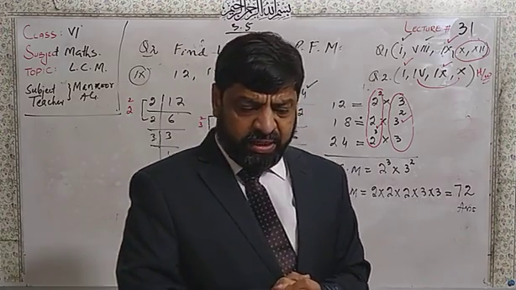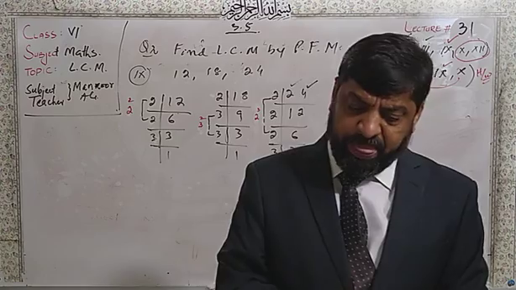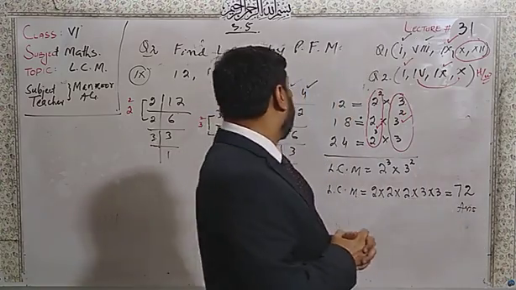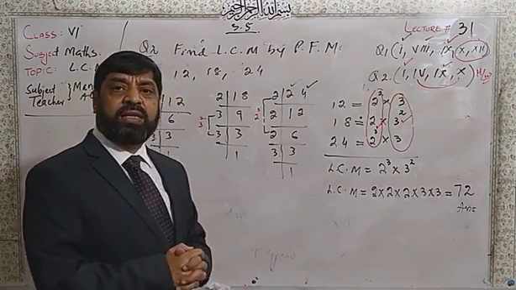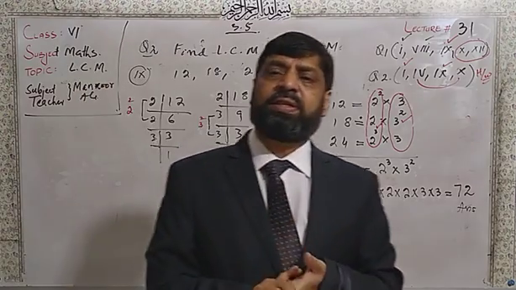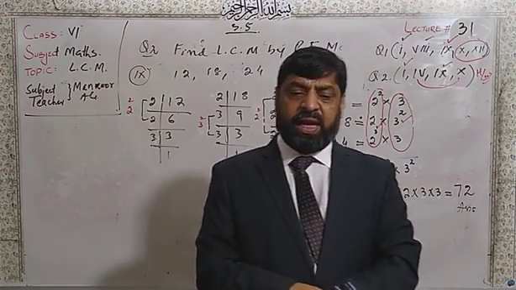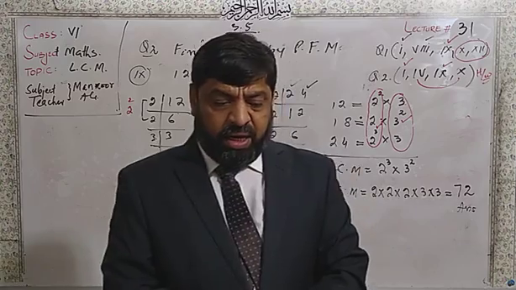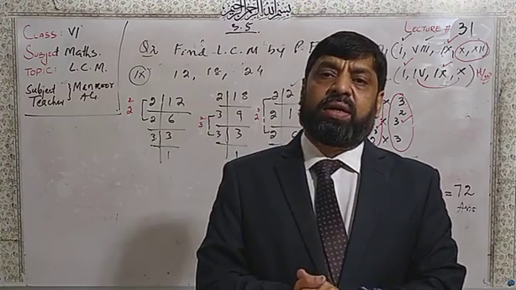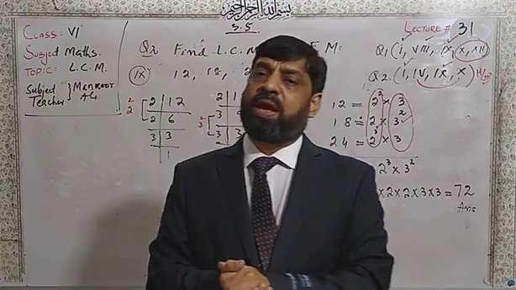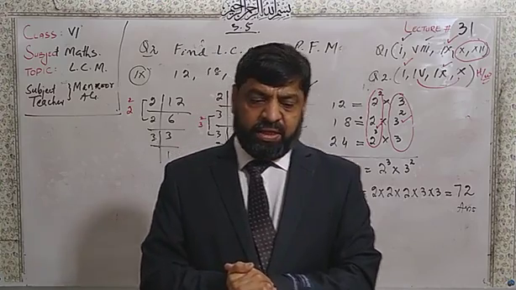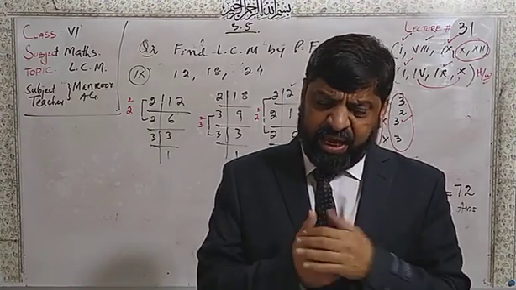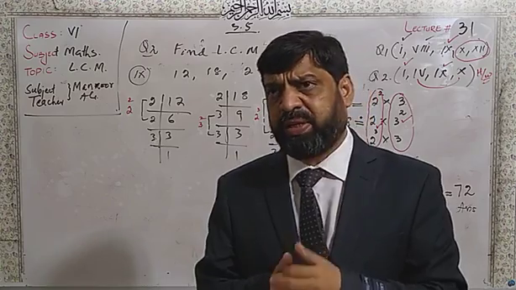So dear students, these were the questions about LCM, and today we did the two methods, common multiple method and prime factorization method. Dear students, now again we have the LCM by the division method.